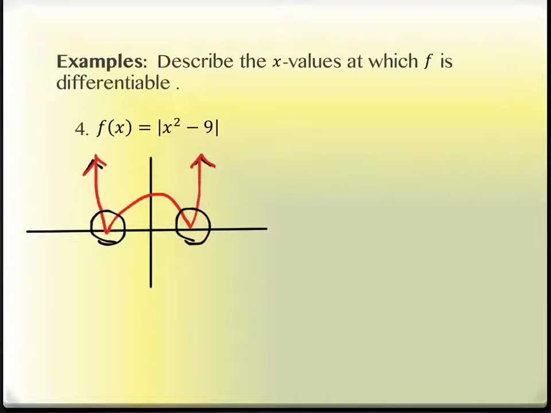Okay, you could use a calculator. This one's actually really easy to do by hand. It's going to be wherever the function equals 0 or hits the x-axis. So in particular, it's where x squared minus 9 is equal to 0, because this line is the line where y is equal to 0, right? That's what the x-axis is. Well, x squared minus 9 equals 0 is a pretty straightforward one to solve.